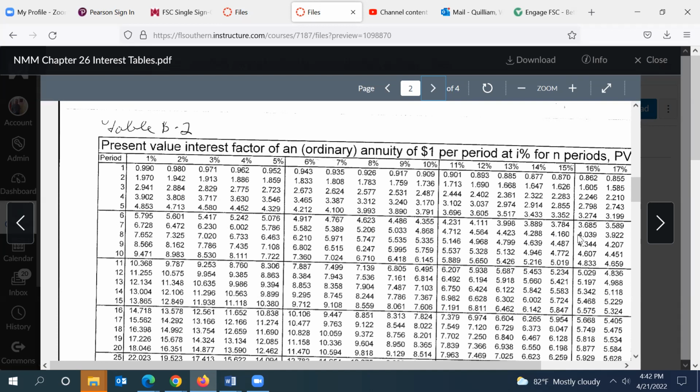Okay, finally, we get over here. There is 4.039 at 16%. 15% had an interest factor of 4.160. So our interest factor that we computed, 4.052, is really, really close to this one for 16%.